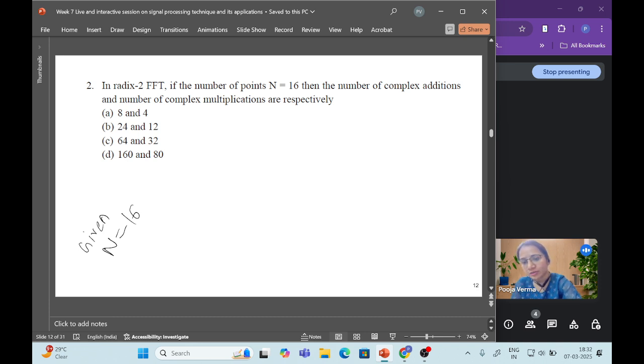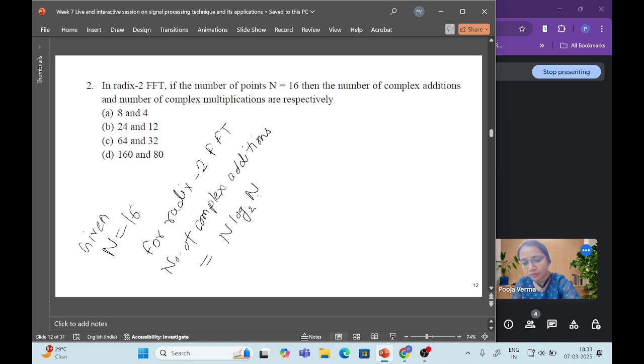Okay, first we will see the formula for radix 2 FFT. Number of complex additions is equal to N log base 2 N. We have already seen that.